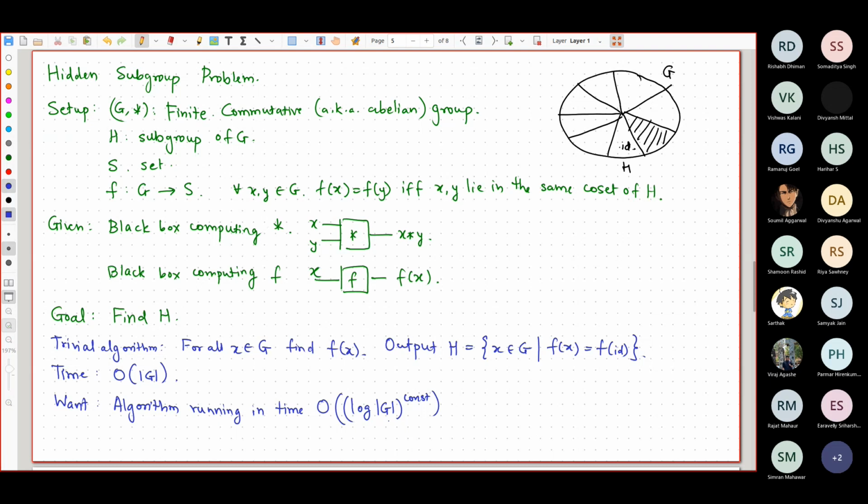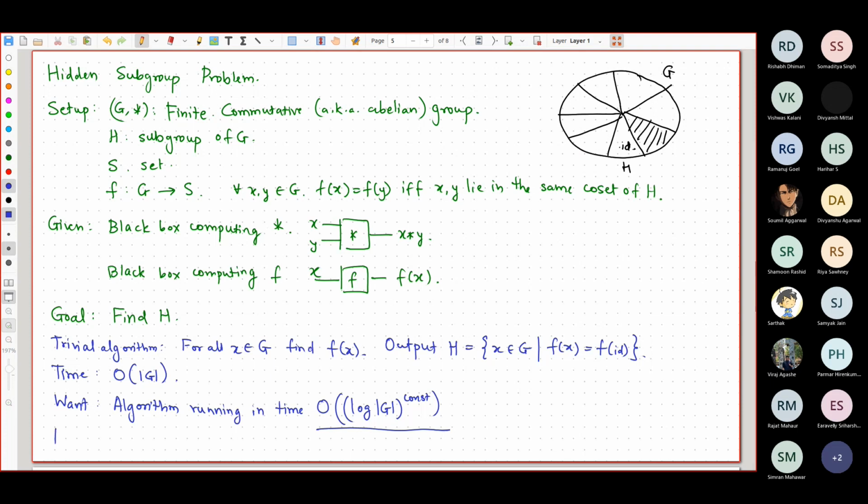Towards the end, in another maybe 3 years, you'll get to do an elective course on quantum computation, and then you'll come to know what is a quantum computer, how does it work. Probably some of you have some idea. But whatever that mysterious quantum computer object is, it can do this job. It can find this hidden subgroup, solve the hidden subgroup problem in this much amount of time.